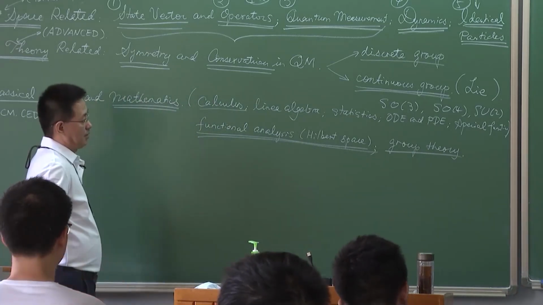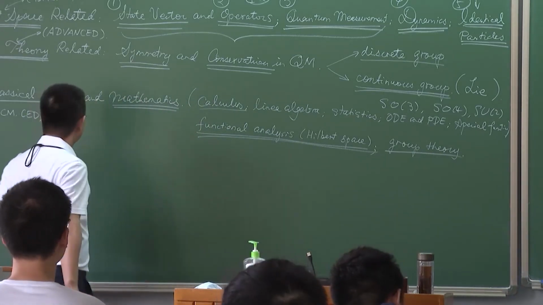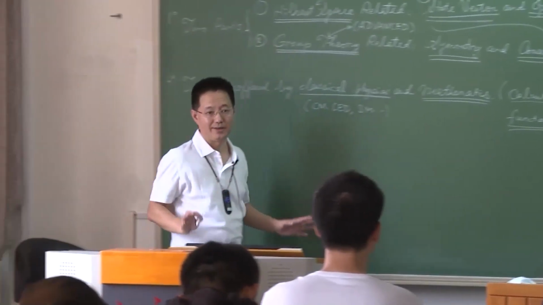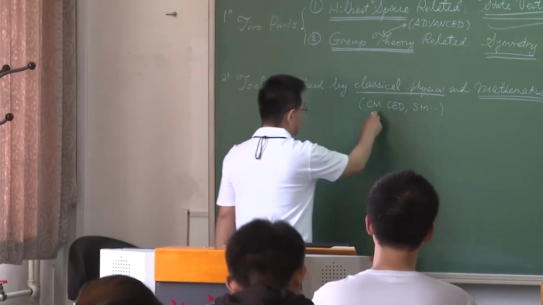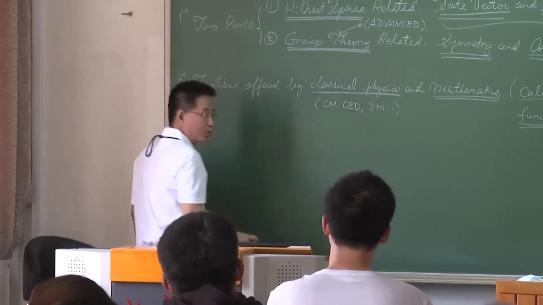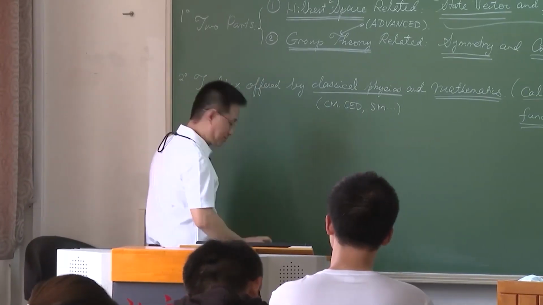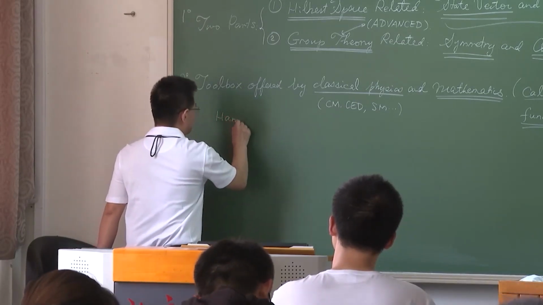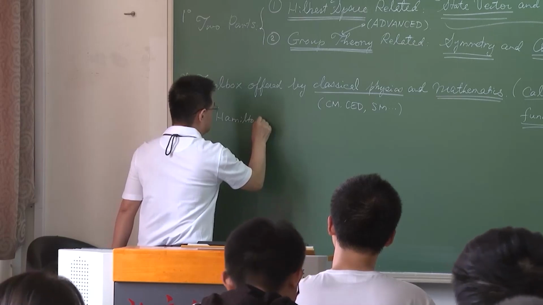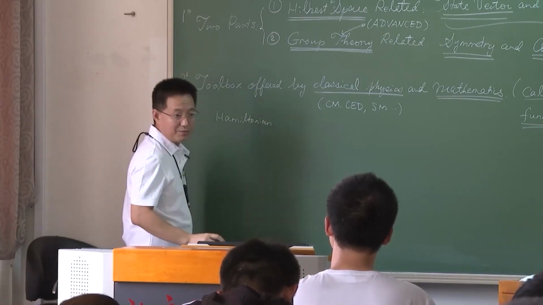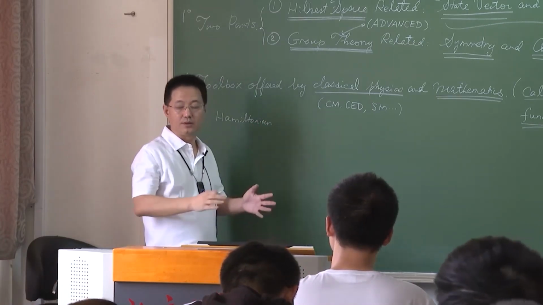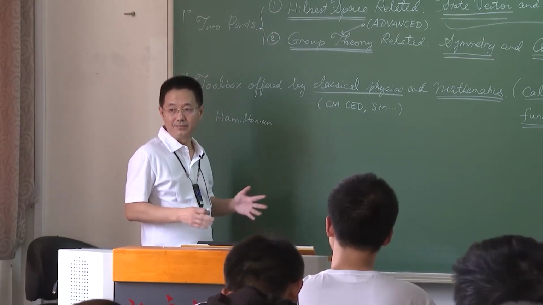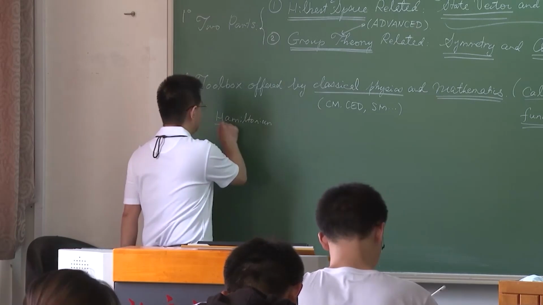So we already had so much mathematics and so much physics, so everything is ready. Especially, from classical mechanics, we already had several very important things. The first thing is the Hamiltonian. The Hamiltonian is very important because in non-relativistic quantum mechanics, the key, the core, is the Hamiltonian, right?